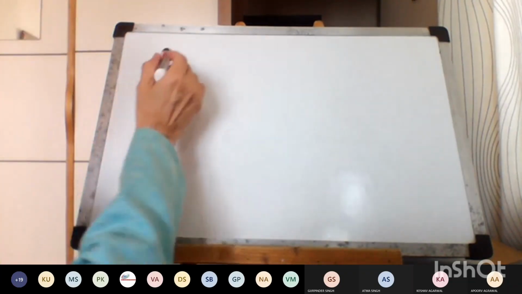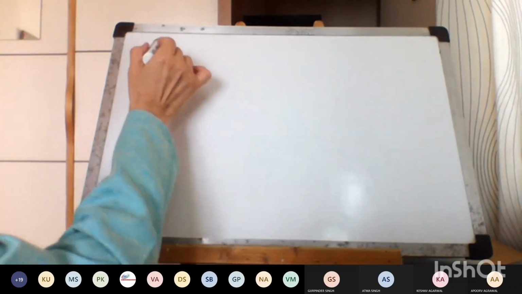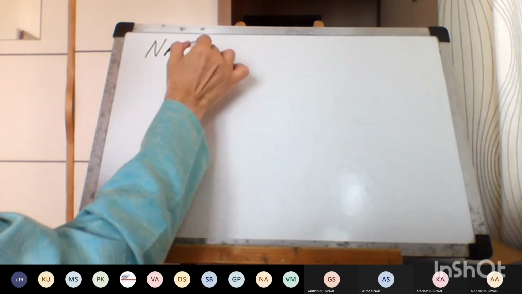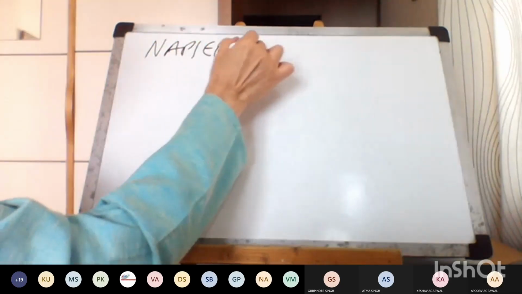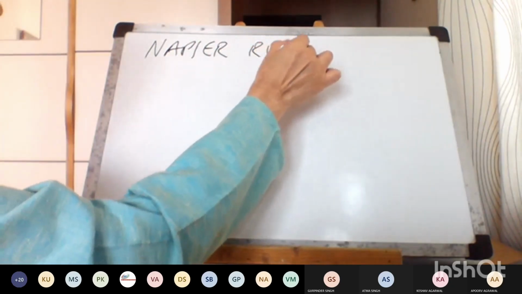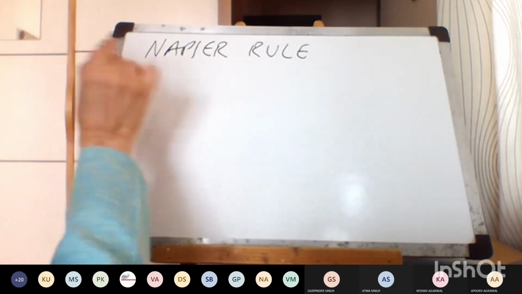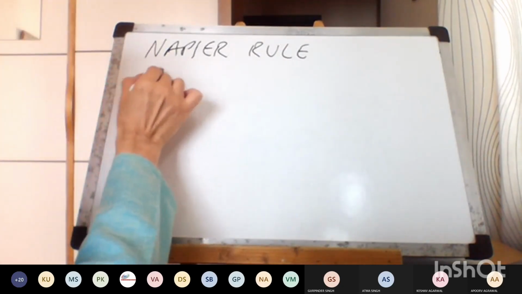So today's topics, I will just tell you what we will do. We will do the Napier rules. Then we will prove the amplitude formula.